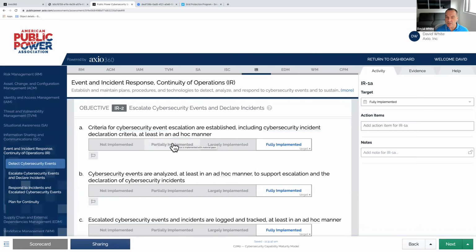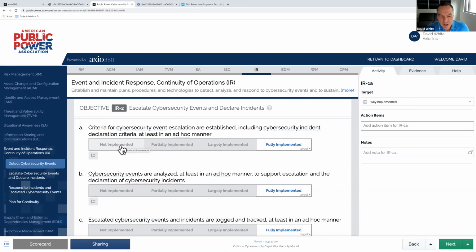Partially implemented means there are material gaps. We're doing something, but there's some big gaps in how we're doing that we ought to address. So we're going to consider it sort of below the line. The midpoint is kind of the line. So that's like a 20% answer. We're doing something, but we've got a ways to go. And not implemented means we're not doing that, right?